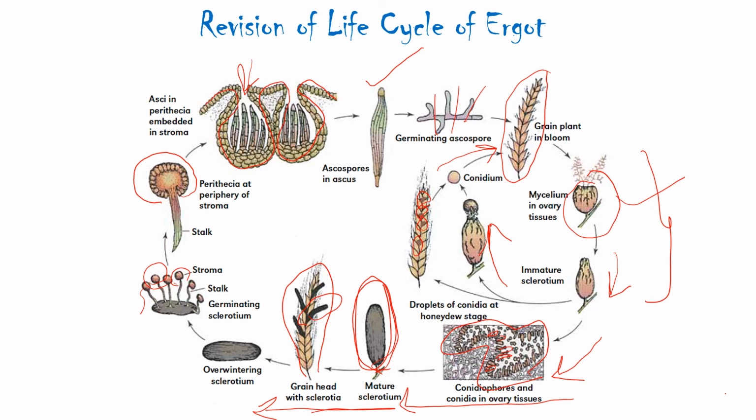Because of certain circumstances, they can later be ejected through the perithecia, and then they come in contact with new plants or new florets where they cause infection to the ovary of the rye plant, and then the life cycle gets repeated.